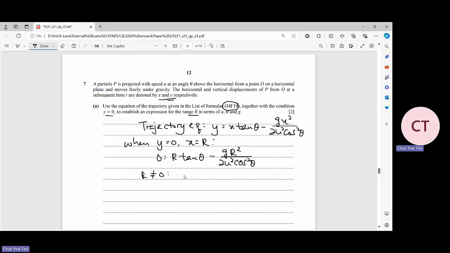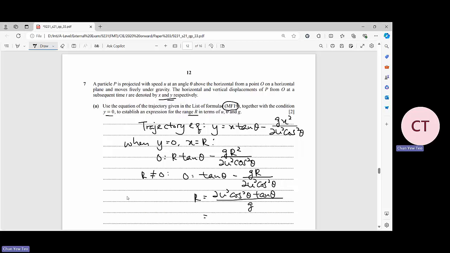Your R cannot be 0, so that means you can cancel the R, making it tangent theta equal to gR over 2u square cos square theta. Then at the end, your R will be equal to 2u square cos square theta tangent theta over g.